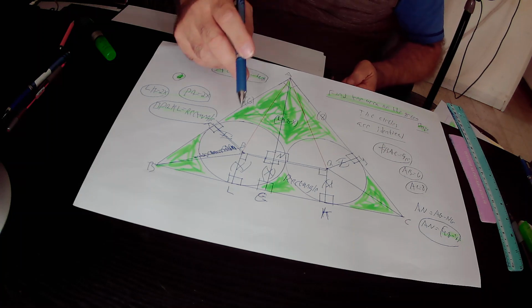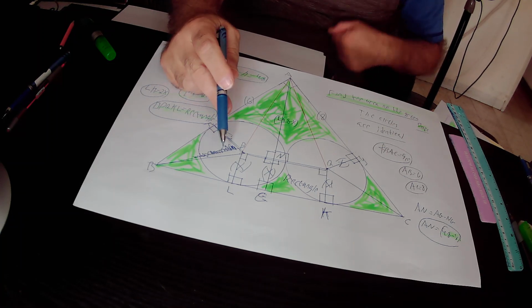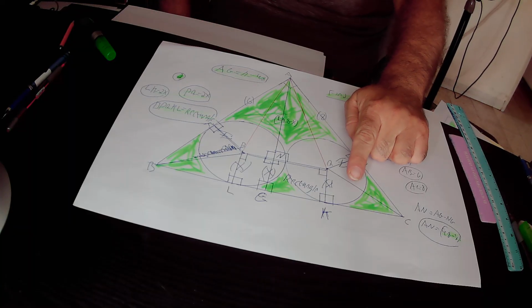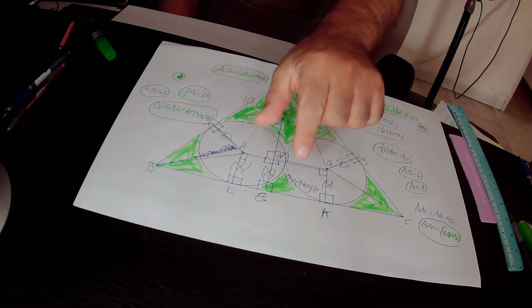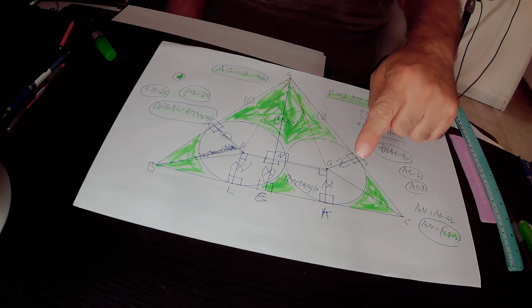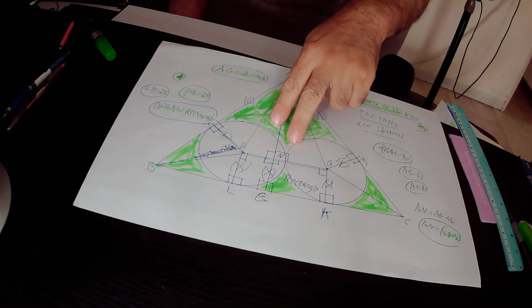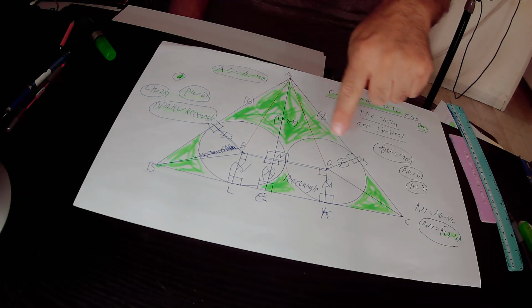This is the third part, that is actually the right triangle PBL. This is the fourth part, that is actually the right triangle QKC. This is the fifth part, that is actually rectangle PLKQ. And this is the sixth part, that is actually the small triangle APQ.